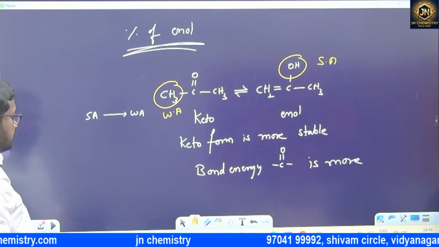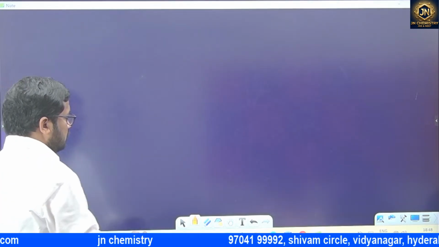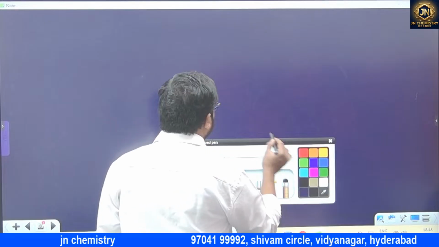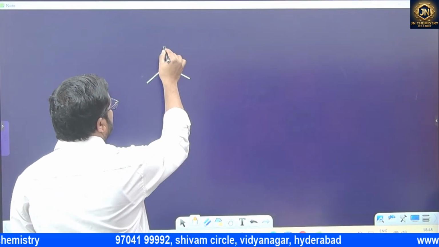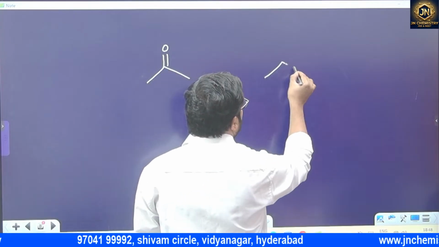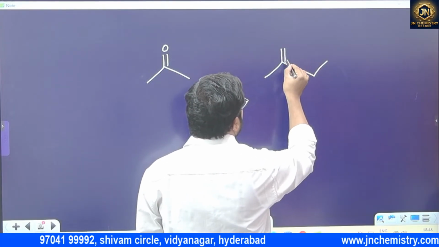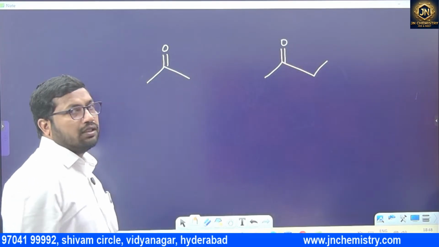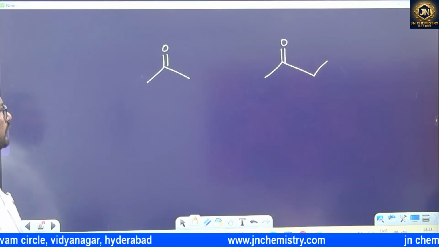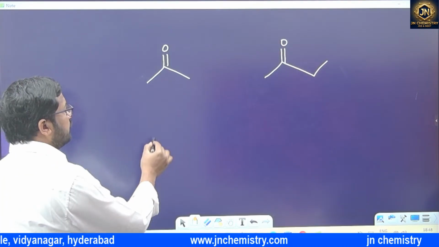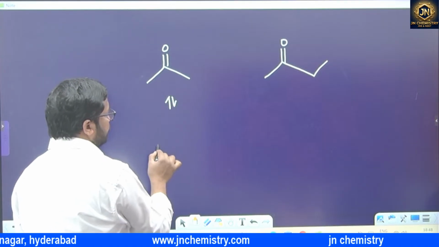Then, so now, in these two cases, which enol content is more? For example, I am writing the enol content here.